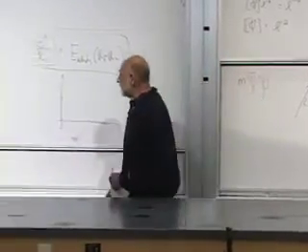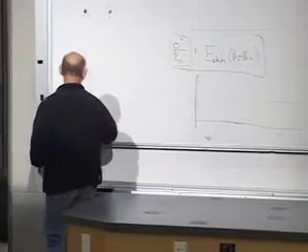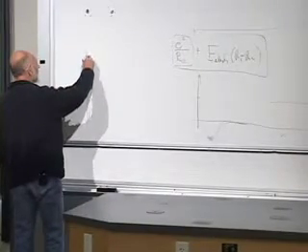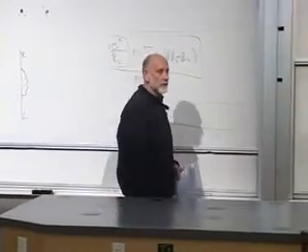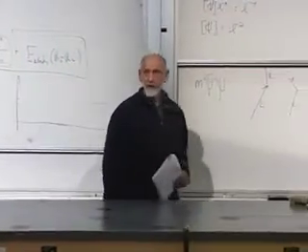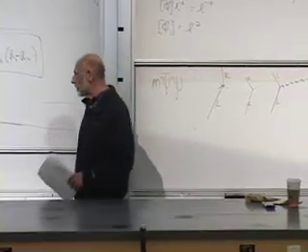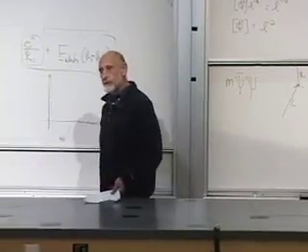Can we get left going to right? Can that happen? And let's suppose the starting mass of the electron is 0. Is there any way to go from left to right?